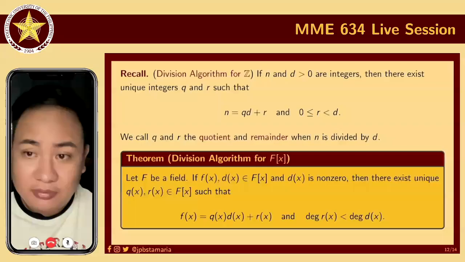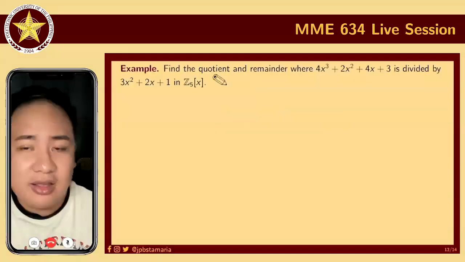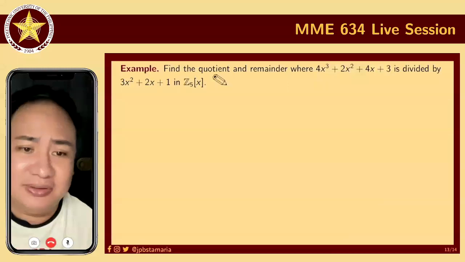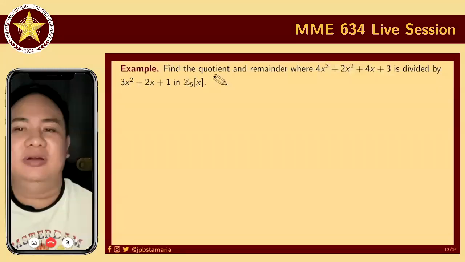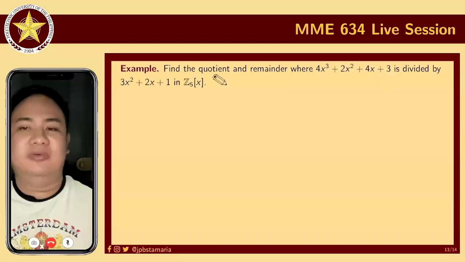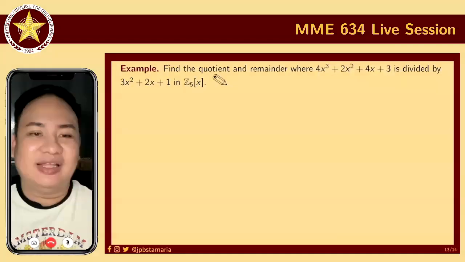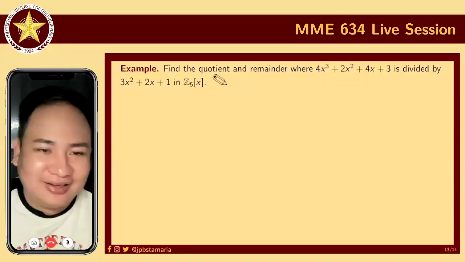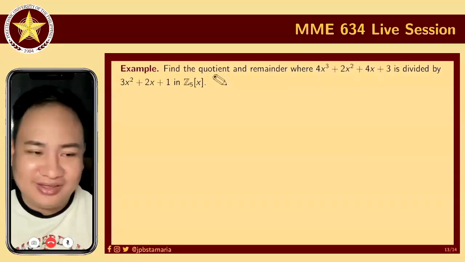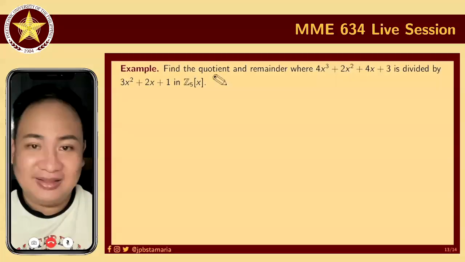Magpunta na lang tayo sa isang particular na example. Halimbawa, I have two polynomials, 4x cubed plus 2x squared plus 4. Tapos, i-divide natin, let's say, sa 3x squared plus 2x plus 1. Pero this time, sawa na tayo mag-divide over the real numbers, right? Tingnan natin kung kaya natin gawin sa Z5[x].